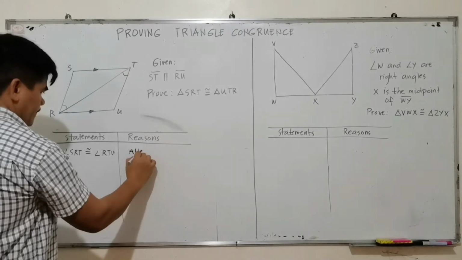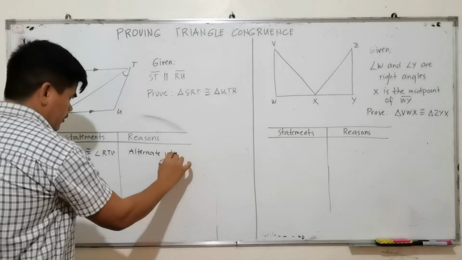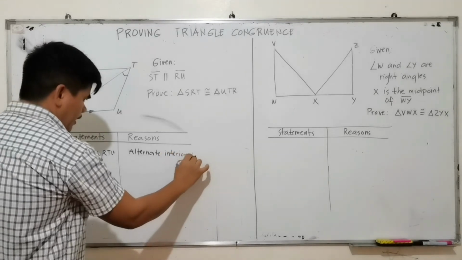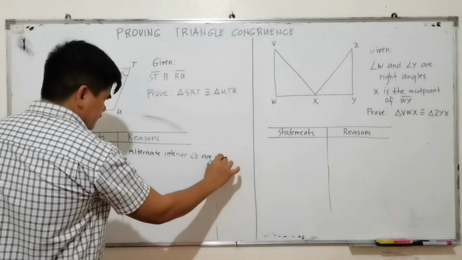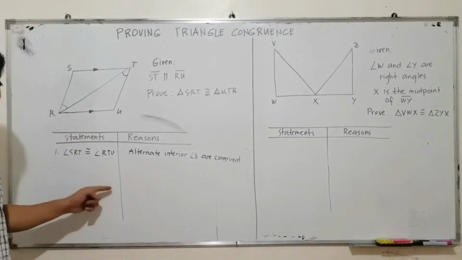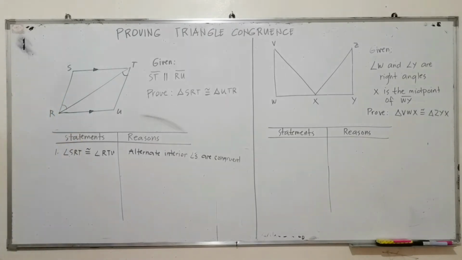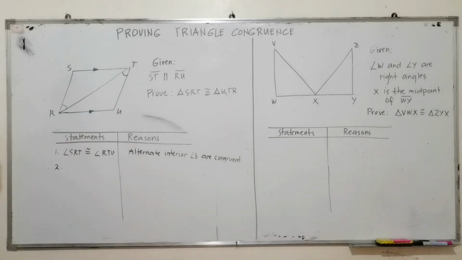The reason is, what is the reason? Alternate interior angles are congruent. Okay. Alternate interior angles are congruent. Number 2.